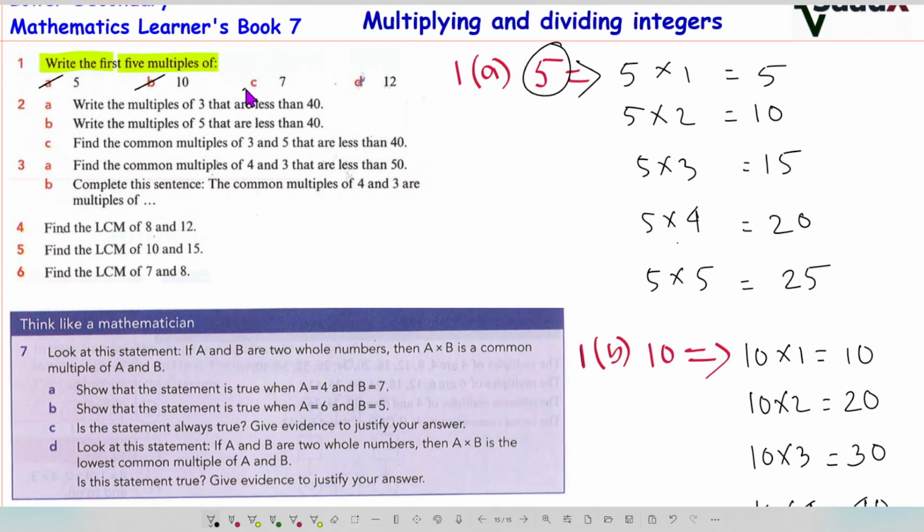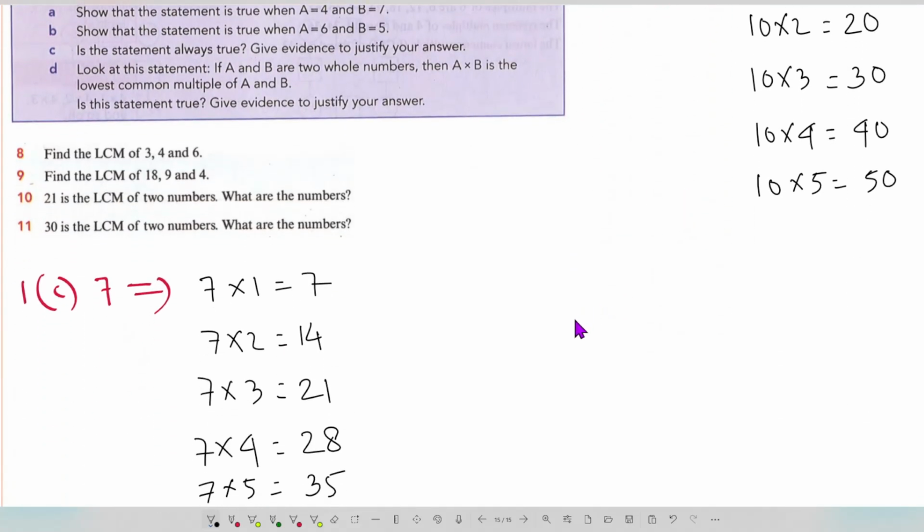so C done, and the last one is number D, 12. 1D, this is 12. We will find the first 5 multiples.